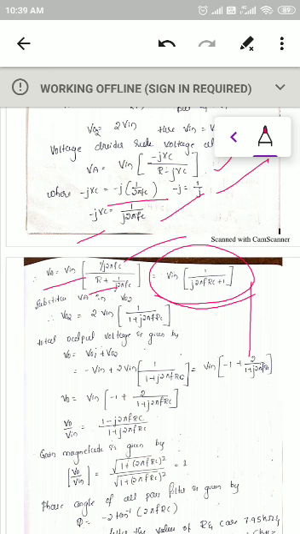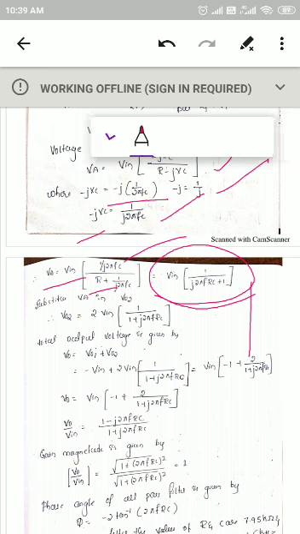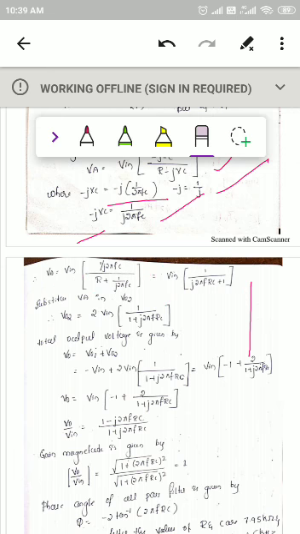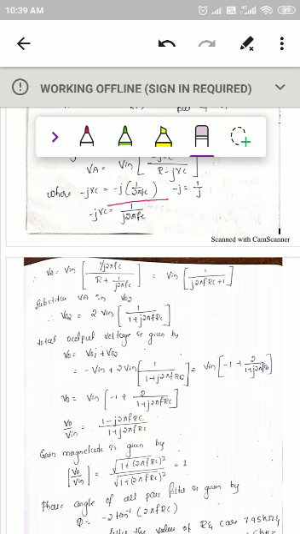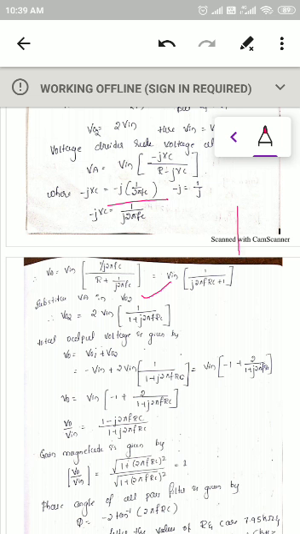Now substitute this Va value in Vo2, that is, Vo2 is 2 into Vn, right? Vn here is nothing but Va, the input voltage to the non-inverting terminal.